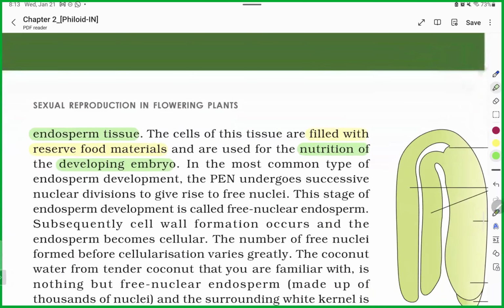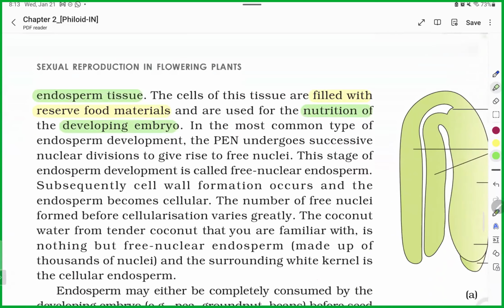And in the most common type of endosperm development, what happened? Barinder, what is PEN stand for? Primary endosperm nucleus.